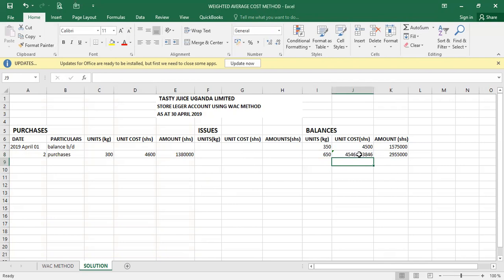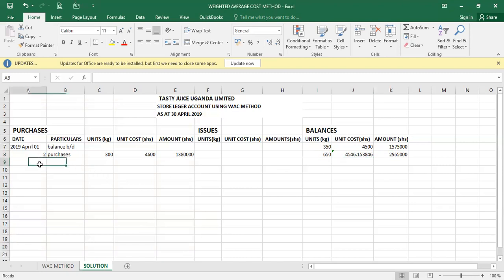That's the only difference between the FIFO and the weighted and the LIFO. For the weighted, we are just getting an average cost per unit, and that's how we get everything there. This one you can even round it off, but since we are using Excel, let's ignore those ones. We can minimize them if we want to.